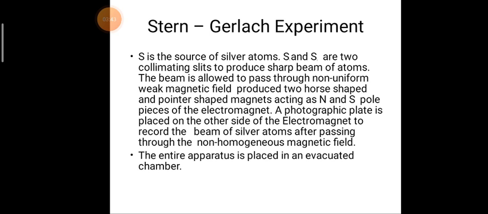At the end of this electromagnet, a photographic plate is placed to record the position of the silver atoms after passing through the non-uniform or non-homogeneous magnetic field.